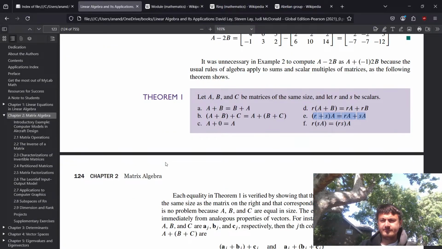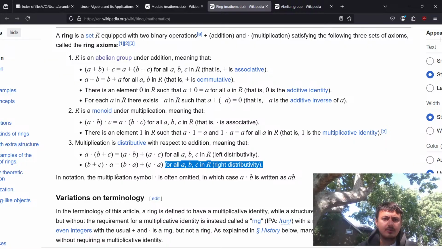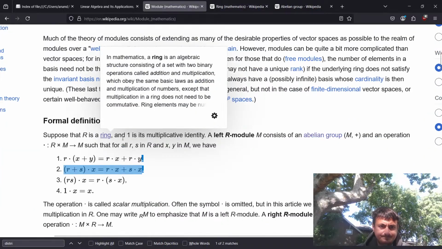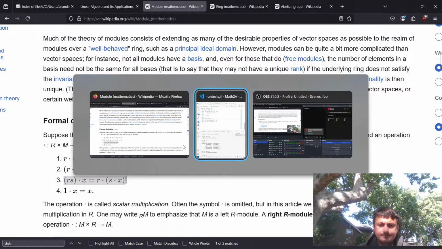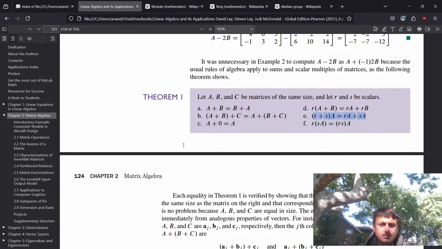Then lastly, we have associativity. What is that called? I think it's just associativity.